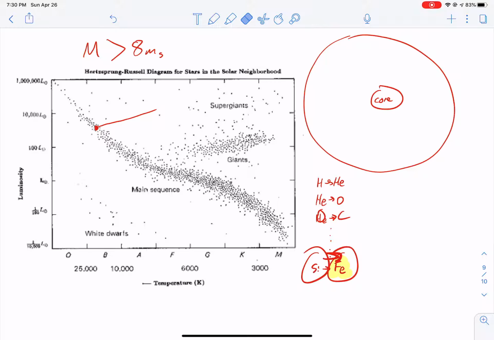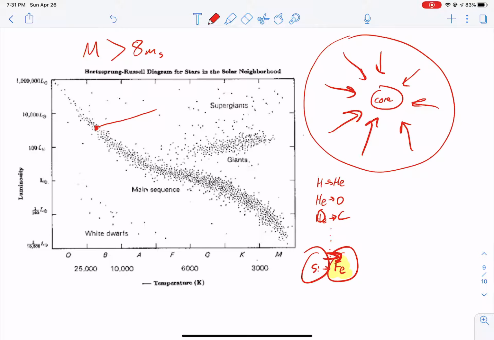The outer layers of the star begin collapsing in on that core. There's so much mass. Gravity is the only force going on in this situation, and it starts collapsing in on itself. This is a very, very dramatic process.